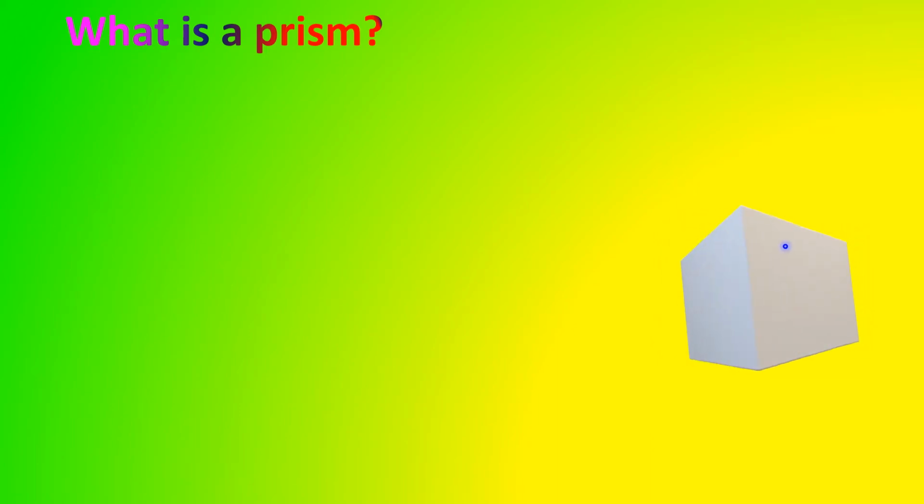this is a triangular prism, and count how many surfaces it has. It has 5 surfaces, of which 3 are rectangular surfaces and 2 are triangular surfaces. See here, these are the rectangular surfaces, 1, 2.